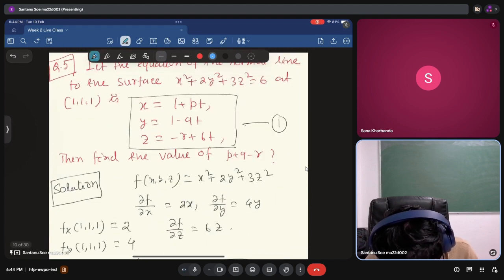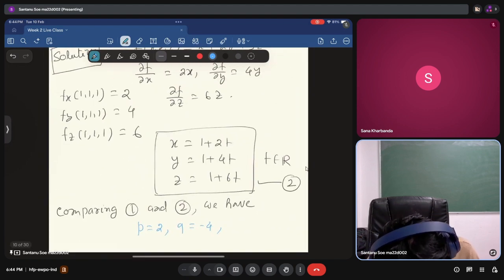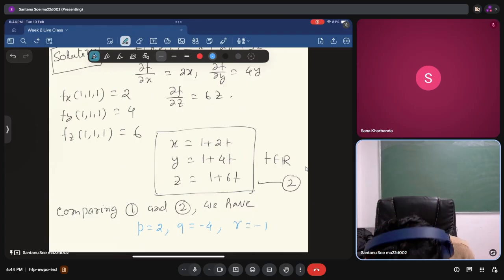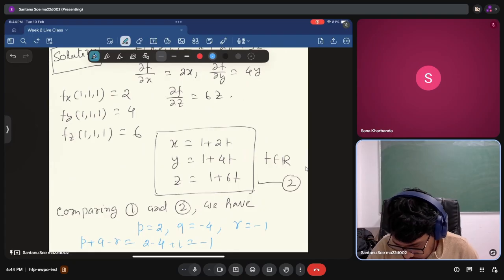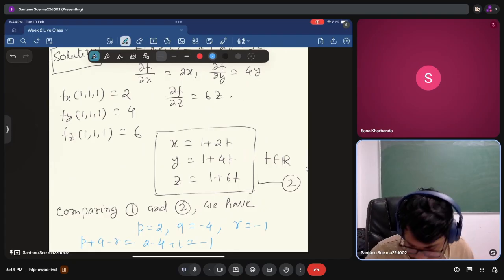And -r plus 6t is 1 plus 6t, so r will be -1. Hence, p plus q minus r is going to be 2 minus 4 plus 1. So this will be -1. So -1 should be the answer. Okay. Is it clear?